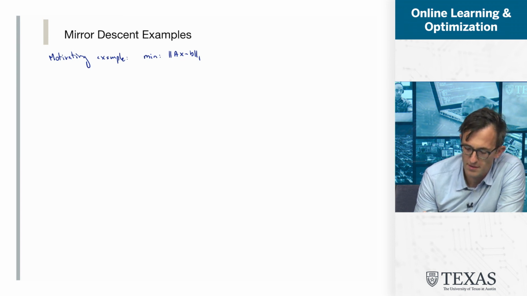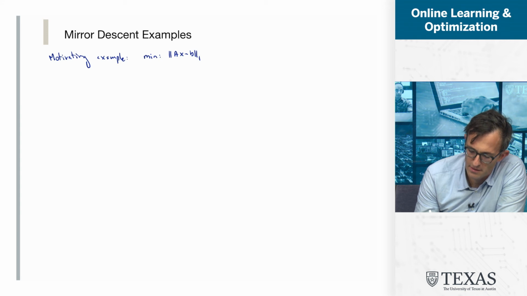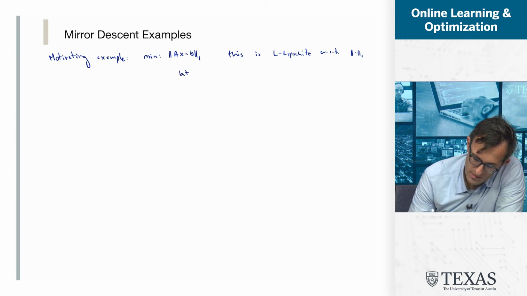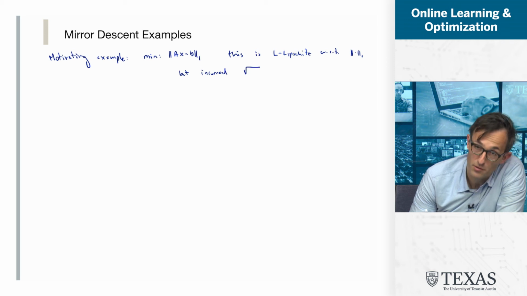And we found that this is Lipschitz with respect to the one norm, but had a very bad factor, incurring a square root of n, or square root of the dimension, to convert to a two-norm Lipschitz statement.